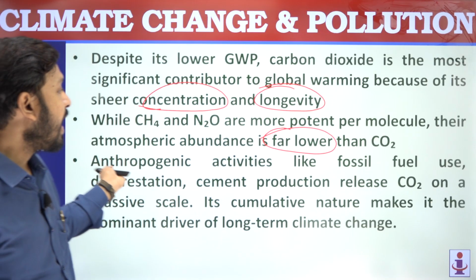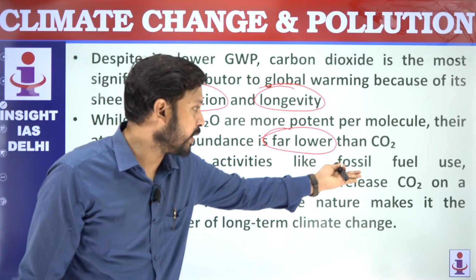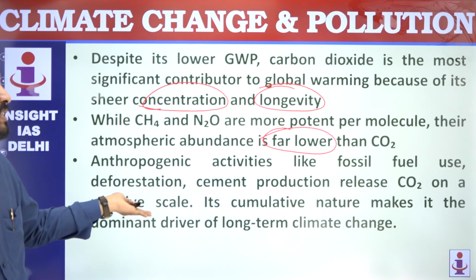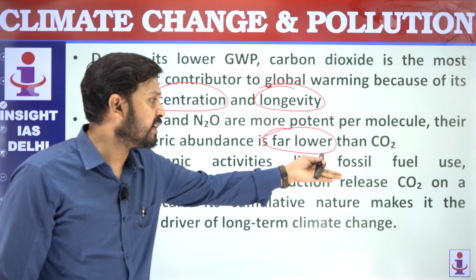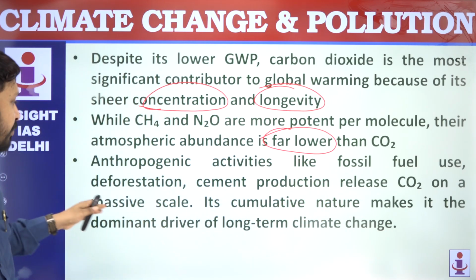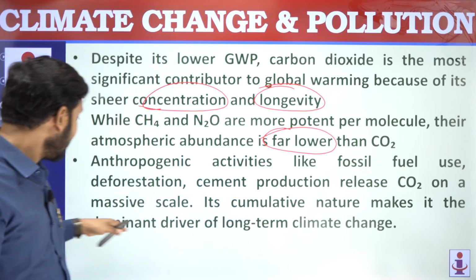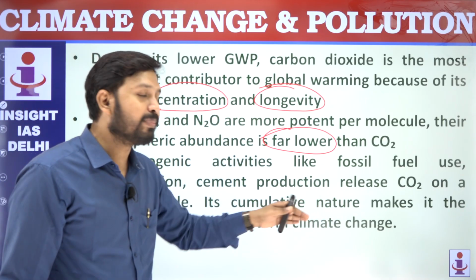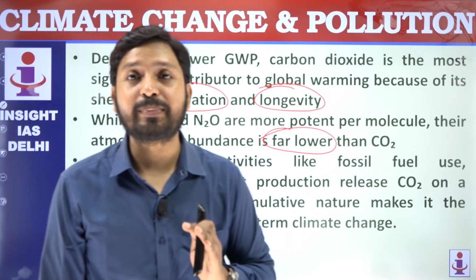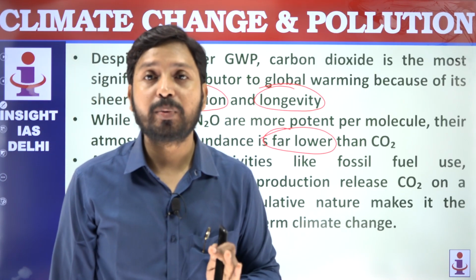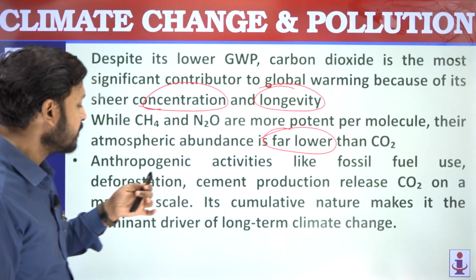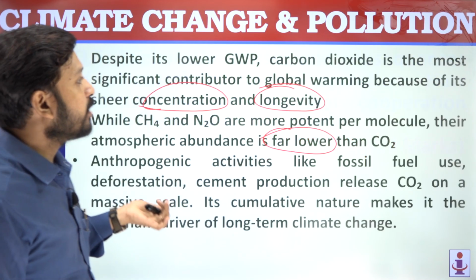For example, anthropogenic activities like fossil fuel use, deforestation, and cement production are releasing a huge amount of carbon dioxide into the atmosphere on a massive scale, okay? Its cumulative nature makes it the dominant driver of long-term climatic change. This is the reason why carbon dioxide has such a high global warming impact. So what can we do?